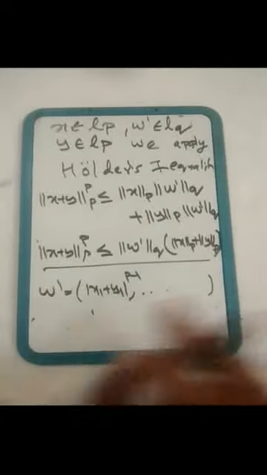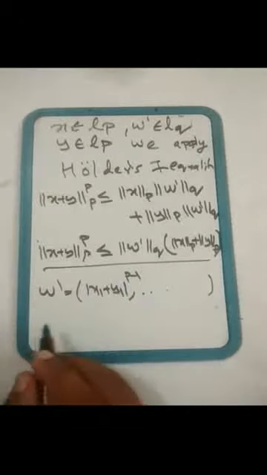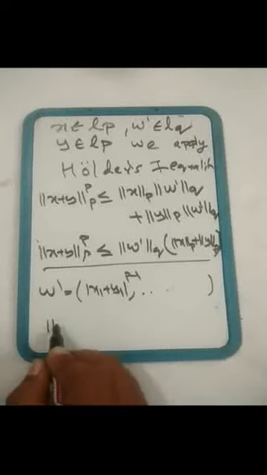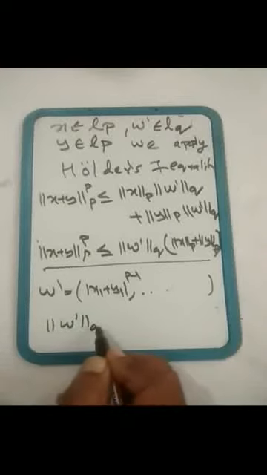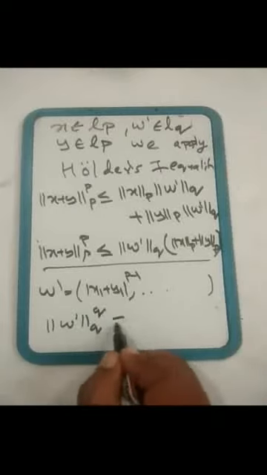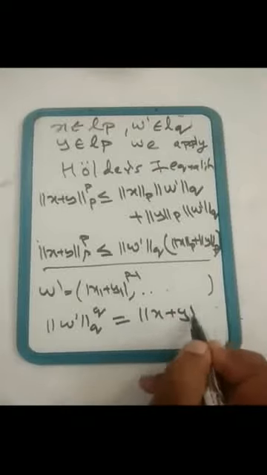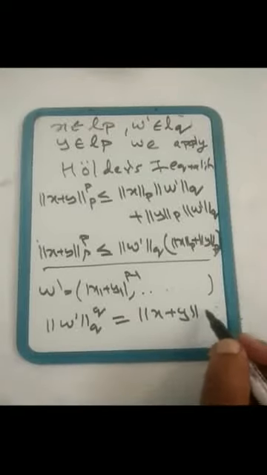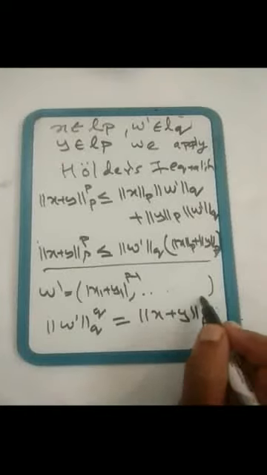W dash is in fact what? As we have seen earlier, the norm of W dash, the qth norm to the power q, is equal to norm of X plus Y, pth norm, the pth power.